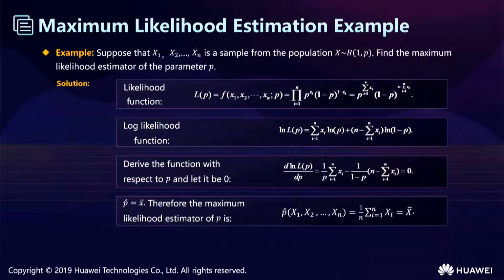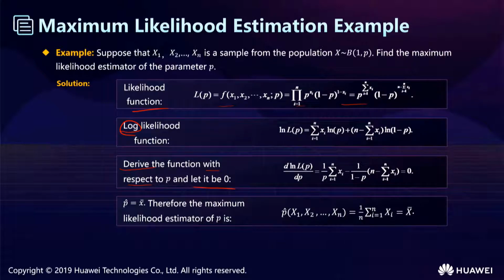Let's see how to calculate it. For the likelihood function, we take the log, because we want to make the function easy to calculate, and differentiate it with respect to p.